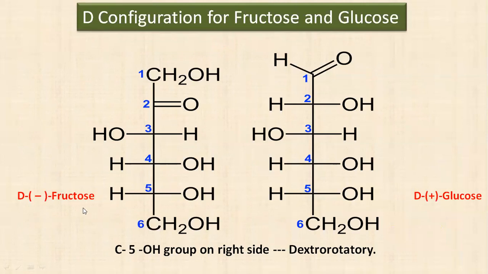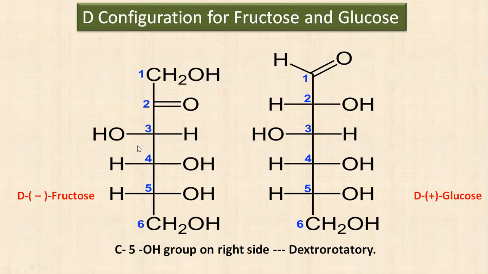This is for fructose. For fructose, this is carbon number 6 and the carbon atom 5 having the OH group. The OH group is present on the right side. That OH group present on carbon number 5 is on the right side and therefore it is dextrorotatory. For glucose, also it is dextrorotatory.